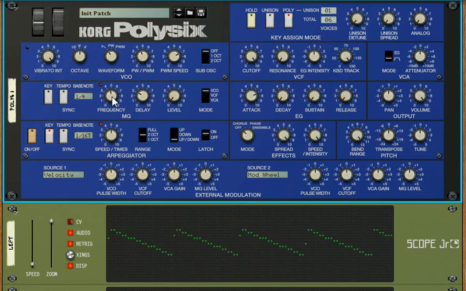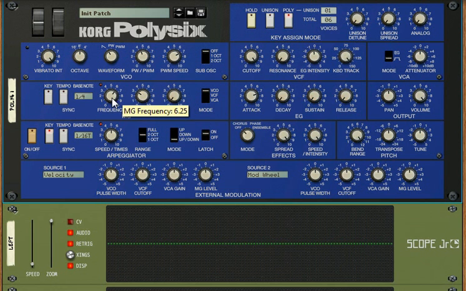The frequency of that is controlled by this low frequency oscillator here, which we'll come on to talk about in the next video. I can change the frequency of that oscillation of that vibrato by changing the LFO frequency here. So this is the LFO, or they call it here the MG, which is the modulation generator, I would guess. But it's essentially a low-frequency oscillator. More about that in the next video.